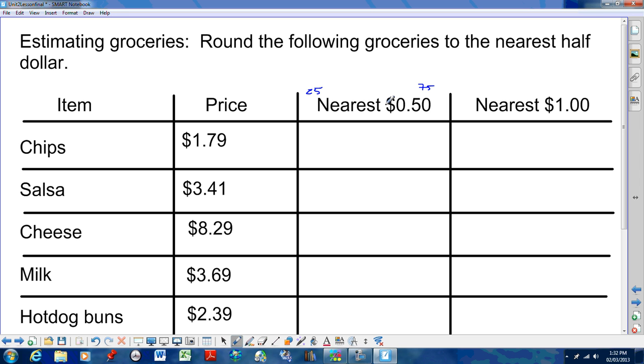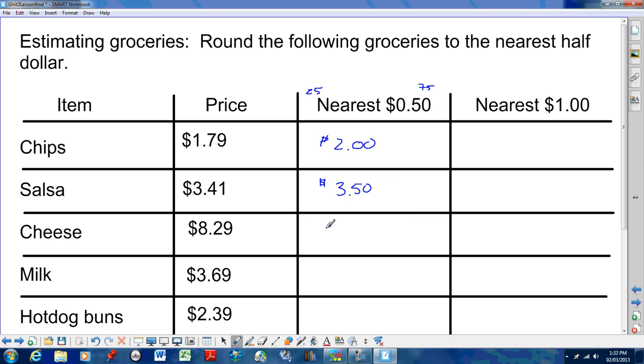So $1.79 is closer to $2, so this would round up to $2. The 3.41, 41 cents, is closer to $3.50 because it's above that 25-cent mark we talked about.